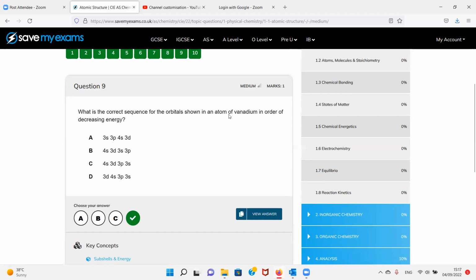But here it is asking you to do it in the reversed manner. And therefore, when you do so, you will find that you have the 3d, 4s, 3p, and 3s. This is the sequence of orbital energies in a decreasing energy manner.